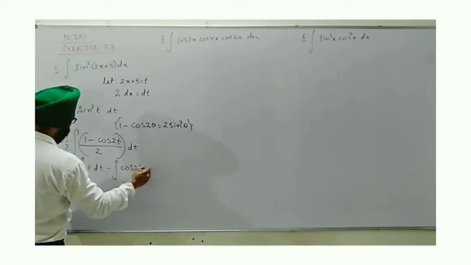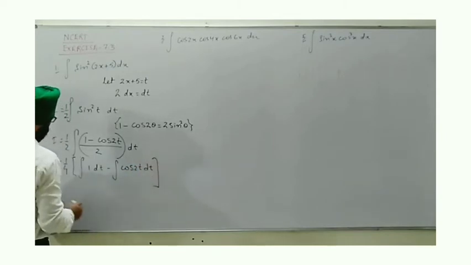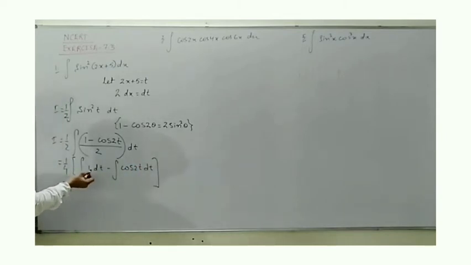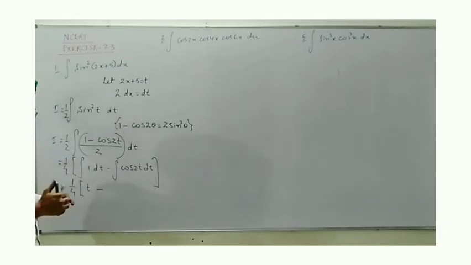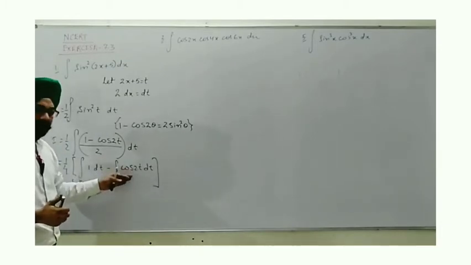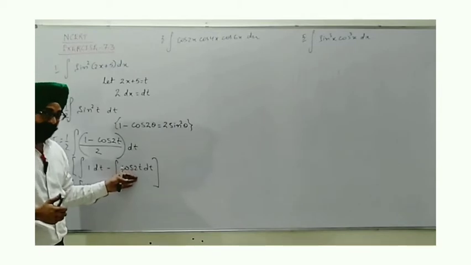cos 2t dt. Here, if I integrate 1, this will be 1 by 4 into t minus. Now this is the step I'll say. Suppose you have understood how we can do the cos 2t integration directly.